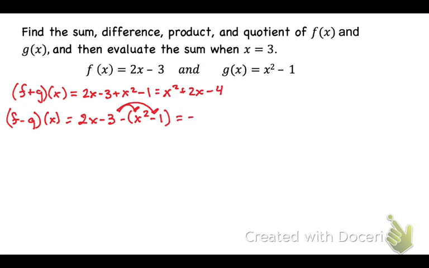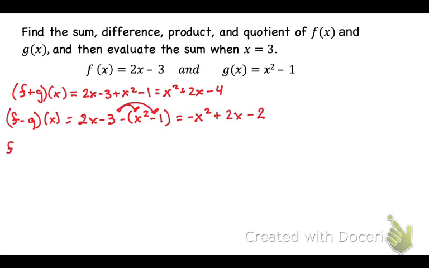So that would give me negative x squared plus 2x minus 2. You guys checking my work? Why is it minus 2 now? Plus the 1, right? Negative 3 plus 1.